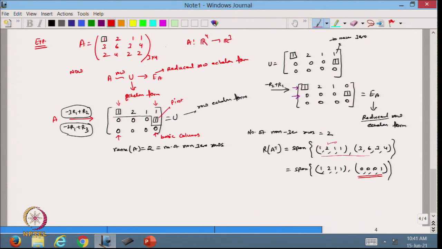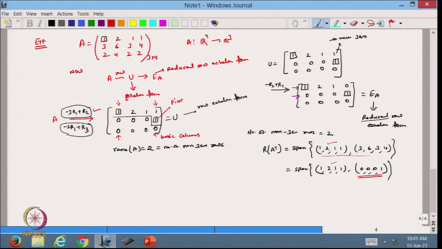The first vector is the same, this and this are the same. So, we take the linear combination of these two vectors, and then I go to the second one. So, second one is here. This linear combination I have taken and I got this one.